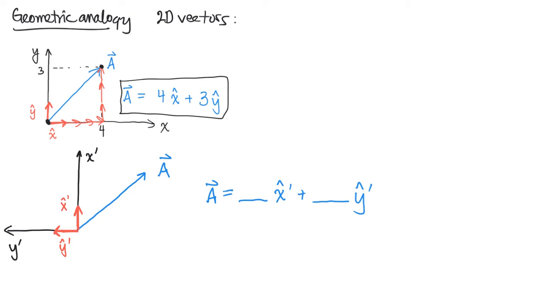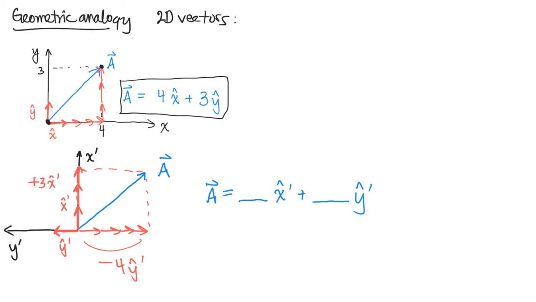And so if we want to go from the origin to the tip of A, we would now go up 1, 2, 3 of these x hat primes, and we'd have to go backwards 1, 2, 3, 4 of these y hat prime vectors.